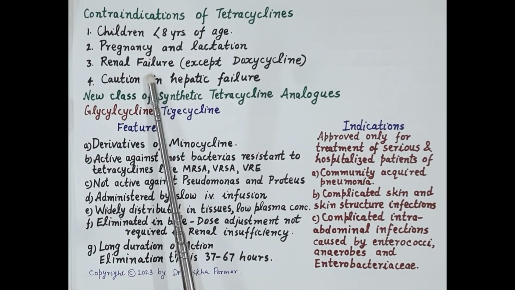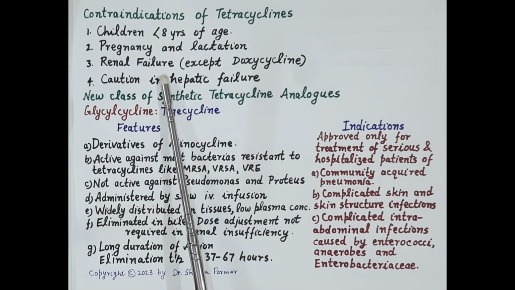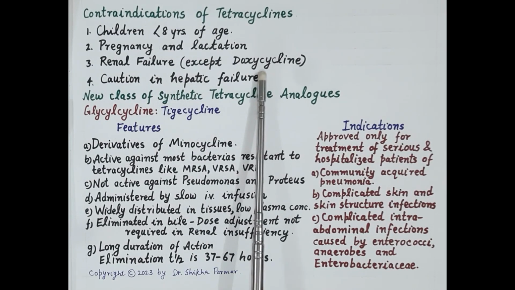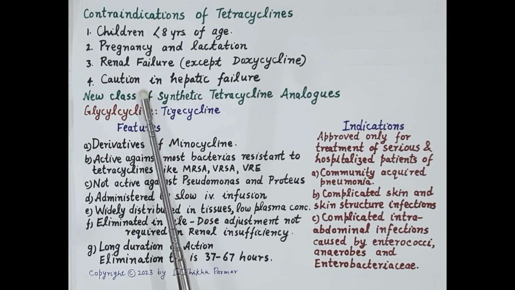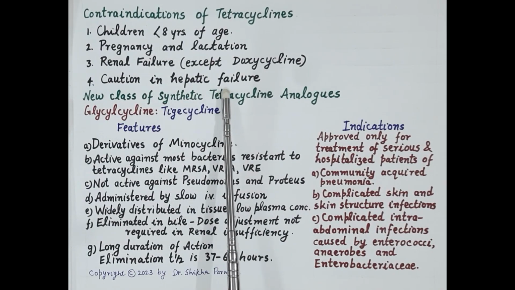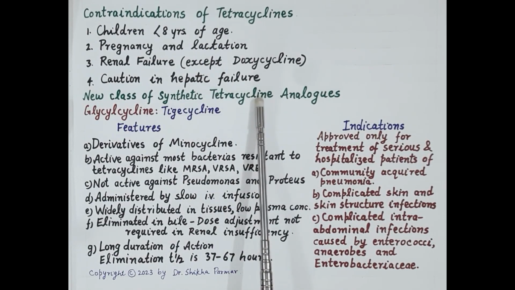Now, as tetracyclines are excreted in urine except doxycycline, they are contraindicated in patients with renal failure. However, doxycycline can be given cautiously as it is excreted in the feces. Now, as high doses of tetracyclines cause hepatotoxicity, they should be cautiously administered in patients with hepatic failure. So, these are the contraindications of tetracyclines.